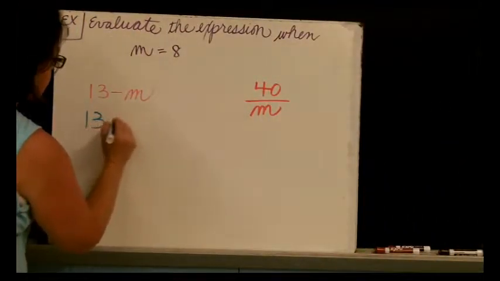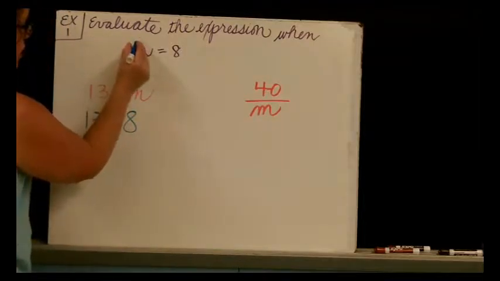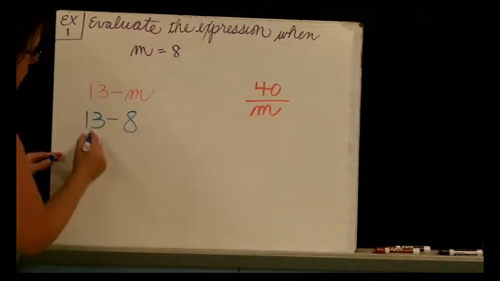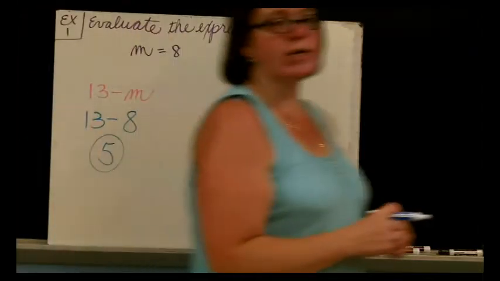So our next step is to write 13 minus 8, and because evaluate is a synonym for solve, 13 minus 8 is 5, and 5 is your final answer.